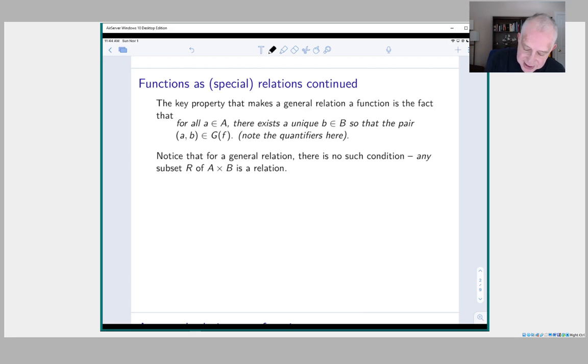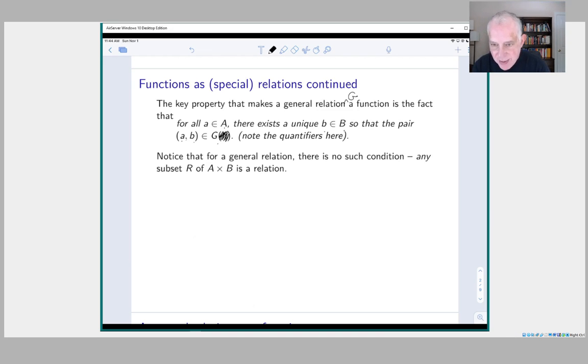The key property that makes a relation into a function is the following: for every point a in the domain A, there is a unique b in B so that the pair (a, b) belongs to G. So a general relation G is a function if it has the property that for every a in the domain, there's a unique b in the codomain so that the pair (a, b) belongs to this set.